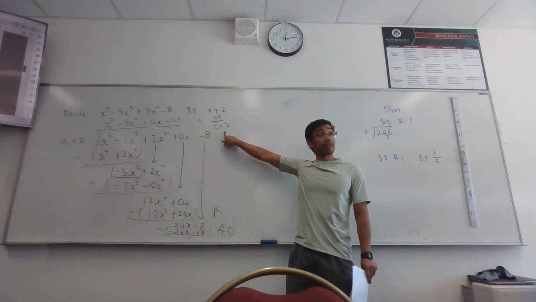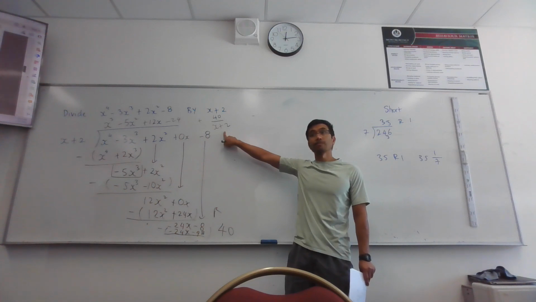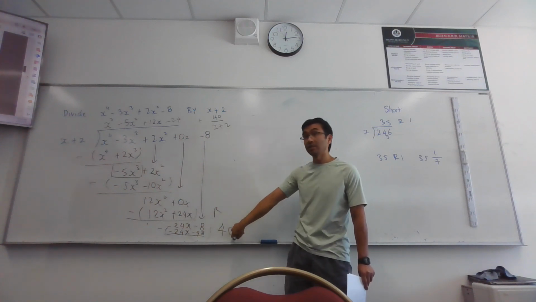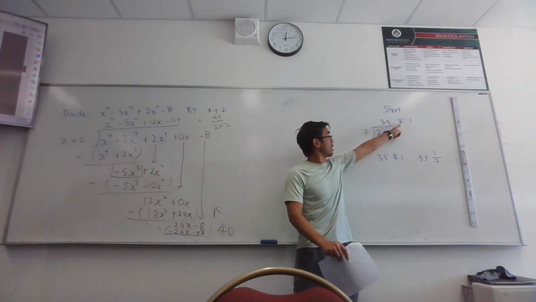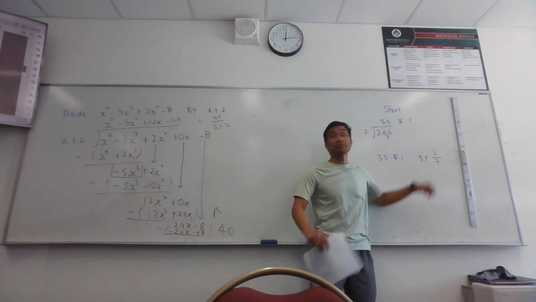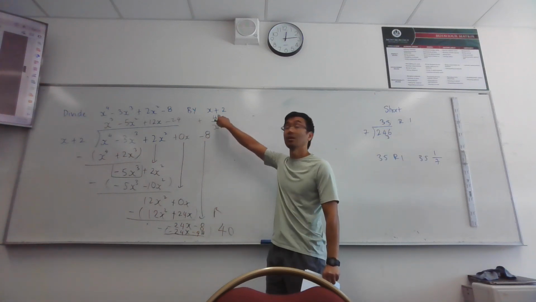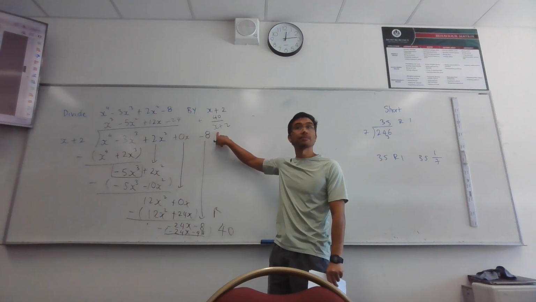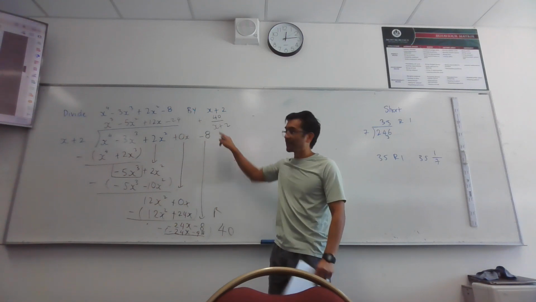Can you see how we can write that as well? Yes, the remainder is 40, like the remainder 1, but to write it properly, it's 1 on 7. In this case, it's 40 on x plus 2.